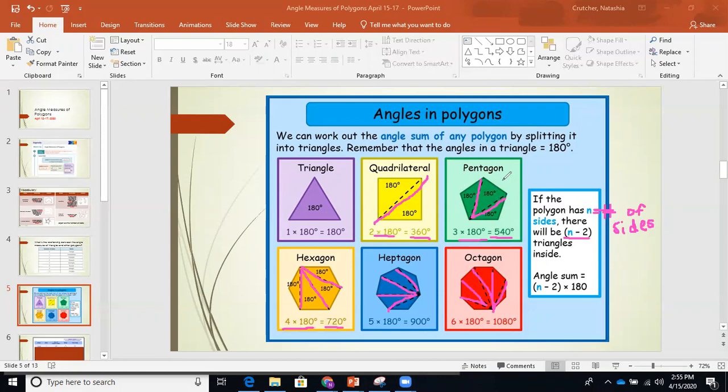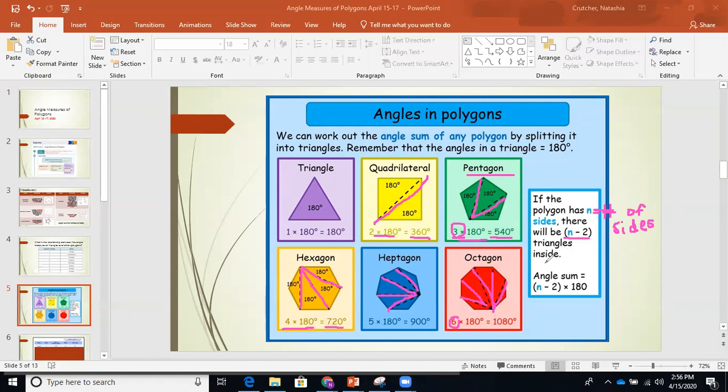Like a pentagon has 5 sides, right? So 5 minus 2, boom, 3. Same with an octagon. Octagon has 8 sides, 8 minus 2, 6. So that tells you how many triangles are inside.